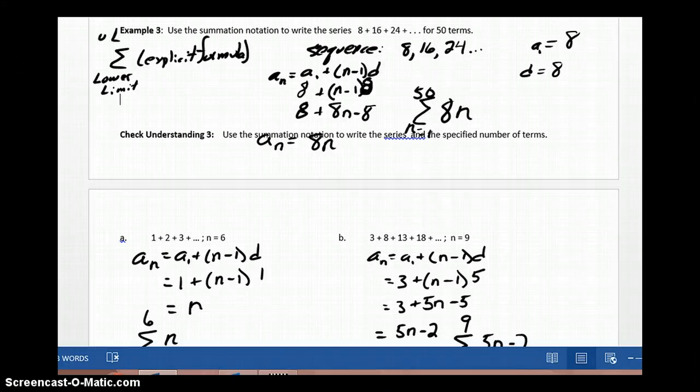Simplifying that, I end up with a sub n equals 8n. That is my explicit formula. So I'll just put that into my sigma notation. I'll have n equals 1 as my lower limit, 50 as my upper limit, and my explicit formula 8n.